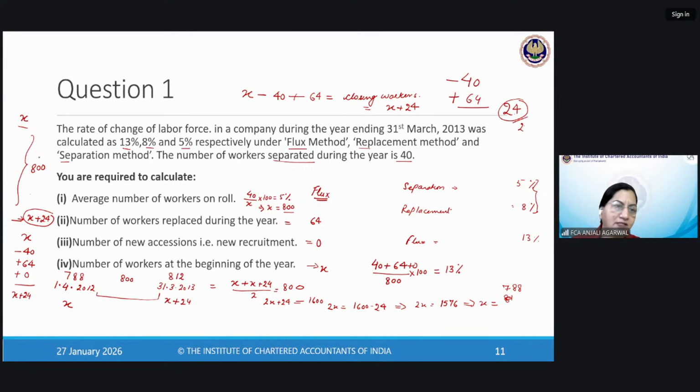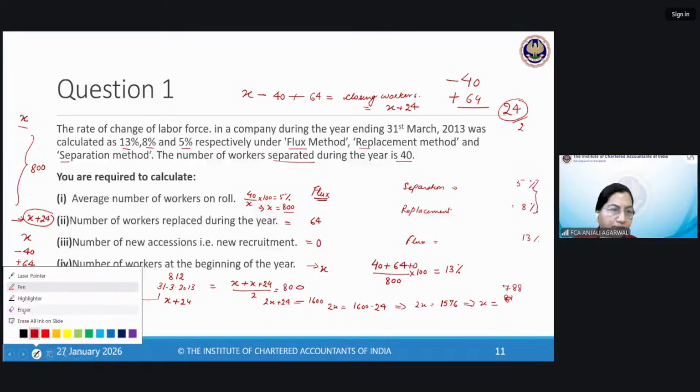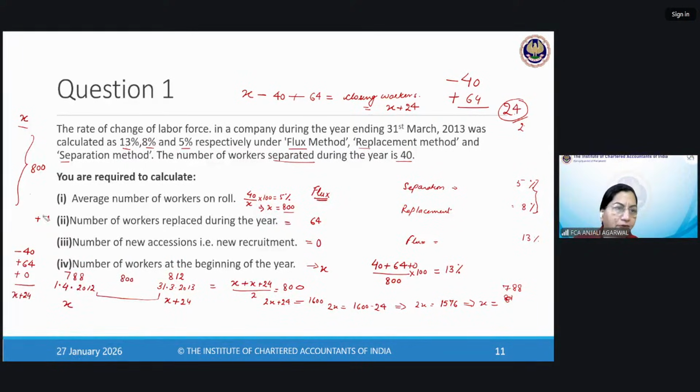So average is 12 less than closing or 12 more than the opening. So the opening balance will be 12 less than 800, 788. Okay. Is it clear, team? Is it clear now?